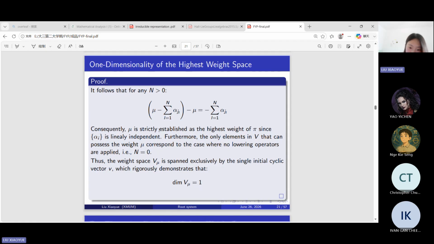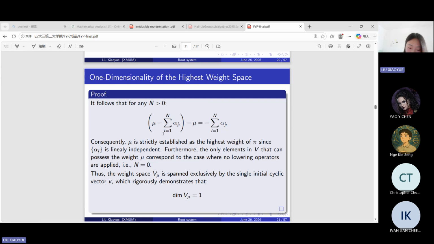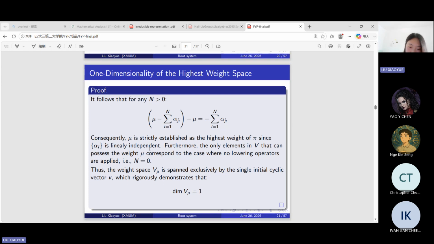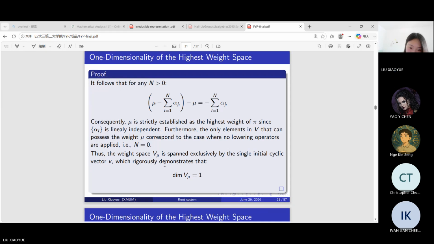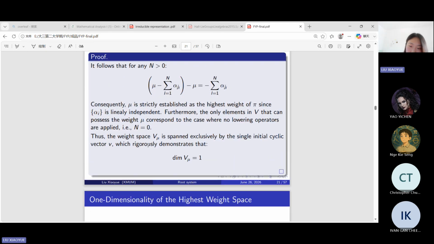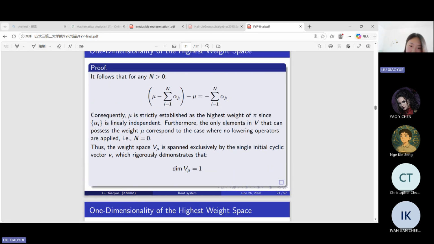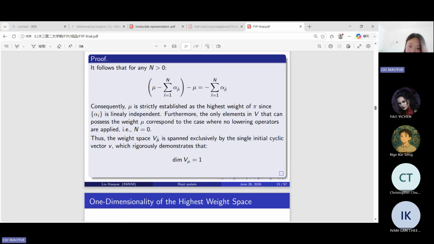So we know that v is the highest weight vector, and mu is the corresponding highest weight. And since the only elements in W that can possess the weight mu are in the case n equals 0, we say the dimension of the weight space V mu is 1.